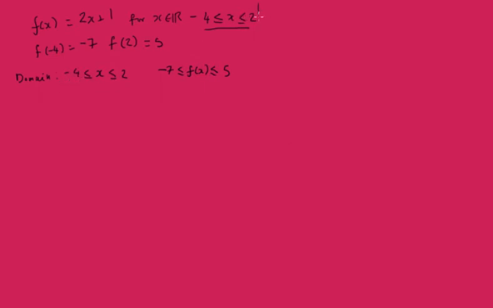Now I'm going to do the inverse on this side. So if we were to go through the steps to find the inverse of this, the inverse would be equal to x minus 1 over 2.